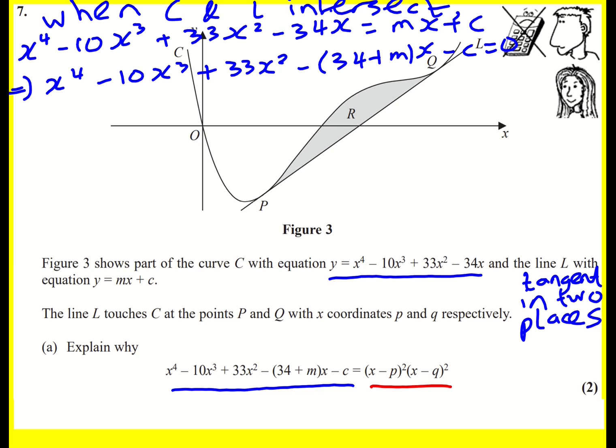Well, we've got to think about these points P and Q because they are the two solutions to this equation.